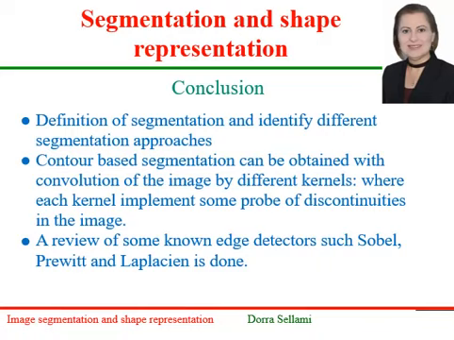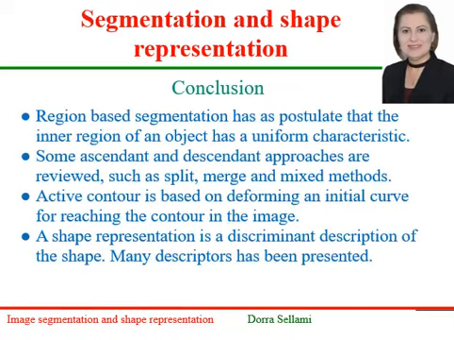A review of some known edge detectors such as Sobel, Prewitt, and Laplacian is done. Region-based segmentation has a postulate that the inner region of an object has uniform characteristics. Some ascendant and descendant approaches are reviewed, such as the split, merge, and mix methods. Active contour is based on deforming an initial curve for reaching the contour in the image.